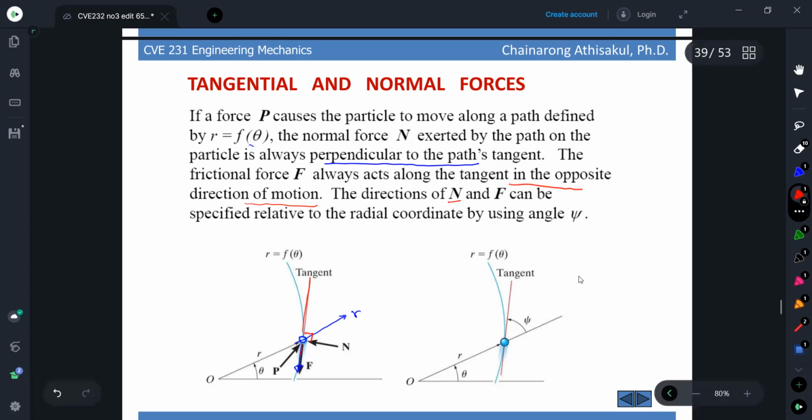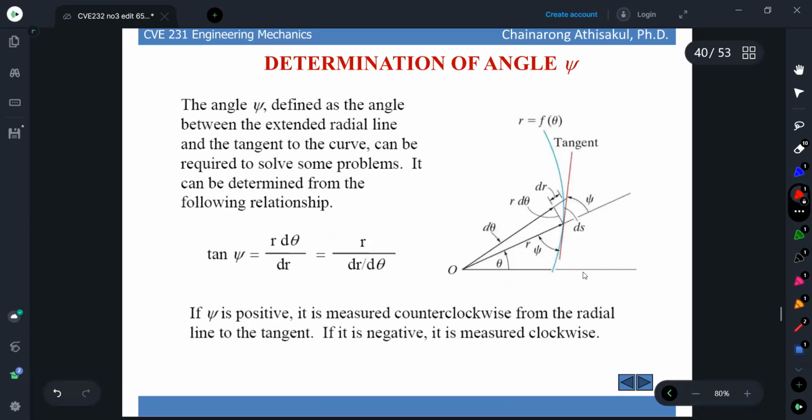The directions of the normal and friction forces can be specified relative to the radial coordinate by using the angle psi. We have the radial direction over here, and the tangent direction over here. In order to determine the angle psi, let's take a look at this picture.